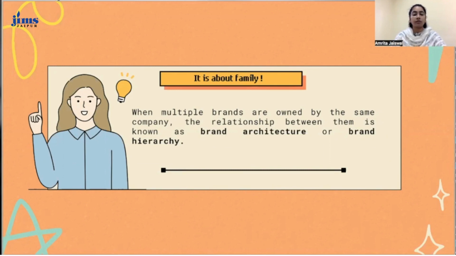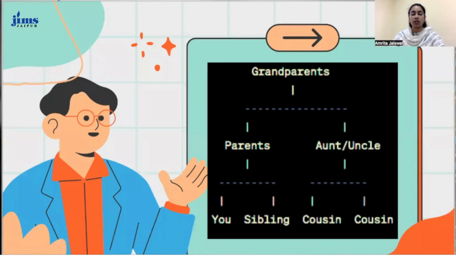One way to visualize this is through a family tree analogy. Let's try to understand. As you can see in the slide, there is a family tree. On the top we have grandparents, and down the line we have parents, uncle, aunt, and you and your siblings and your cousins.